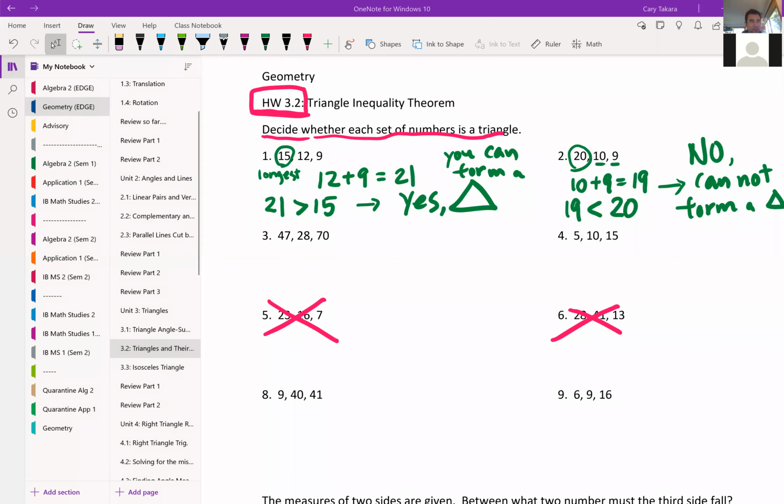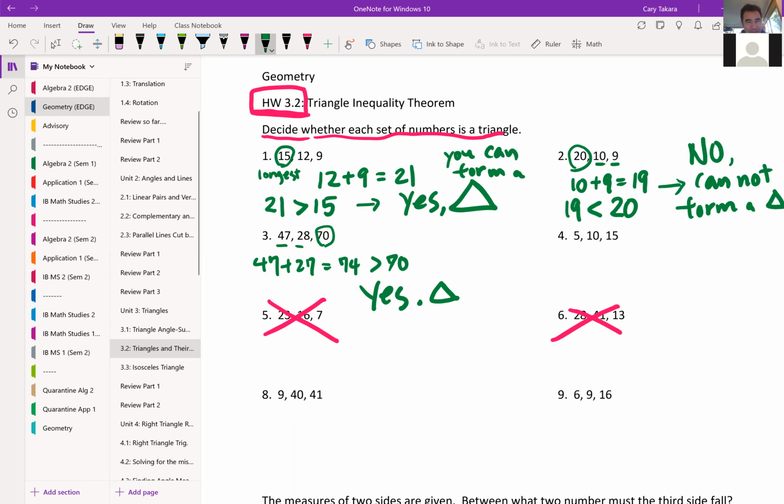Very good. Number 3. So what's the longest side? Longest side is 70. And now you're going to add the two shorter sides. 47 plus 27. Is that bigger than 70? 74. Right. 74 is definitely bigger than 70. So the answer will be yes. Yes, you can form a triangle.